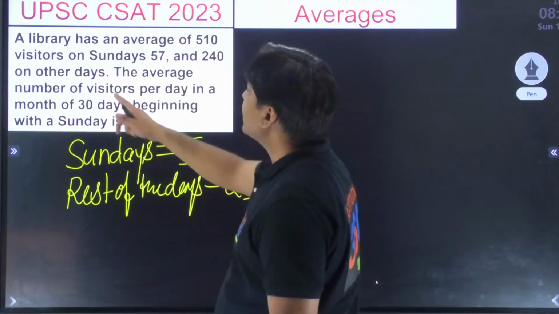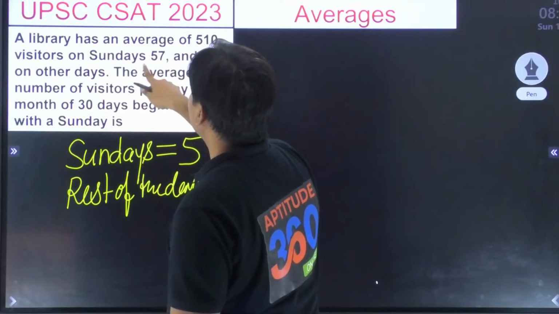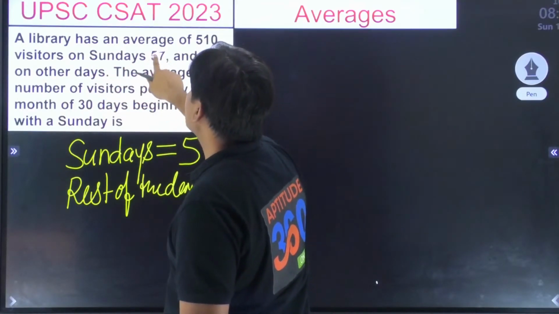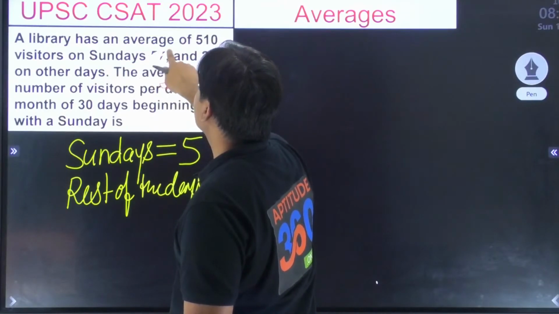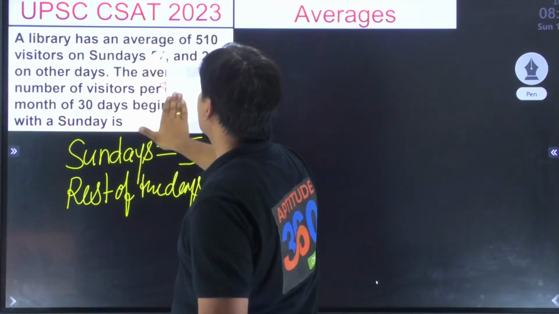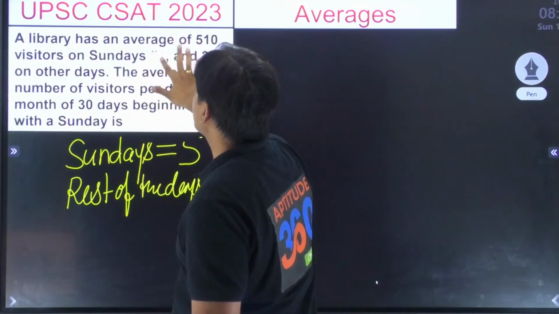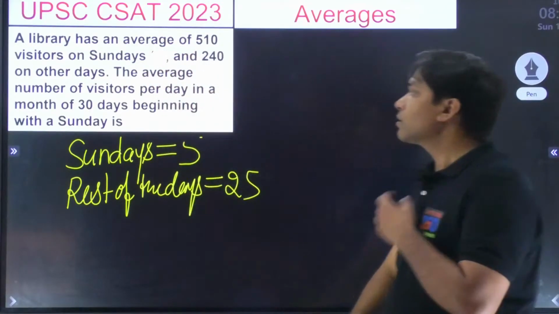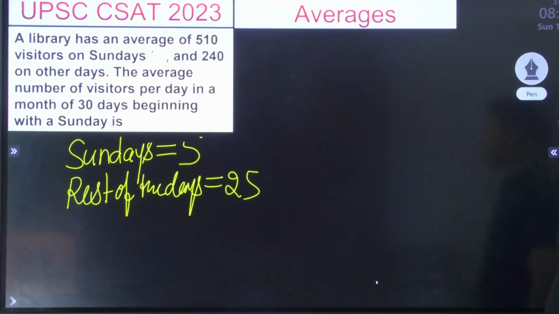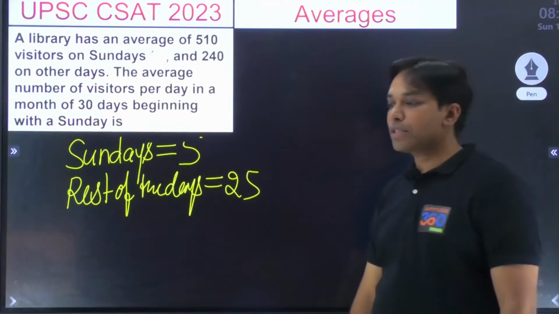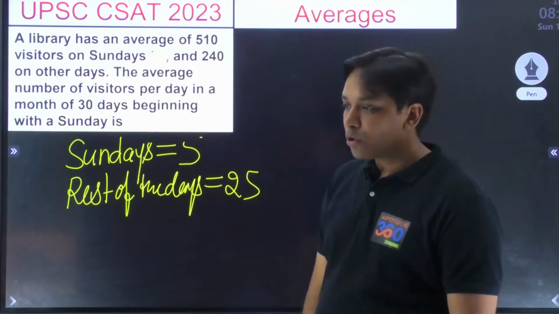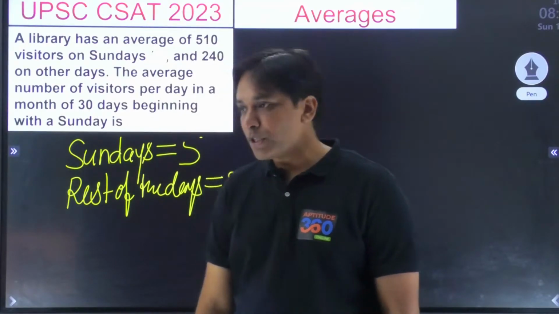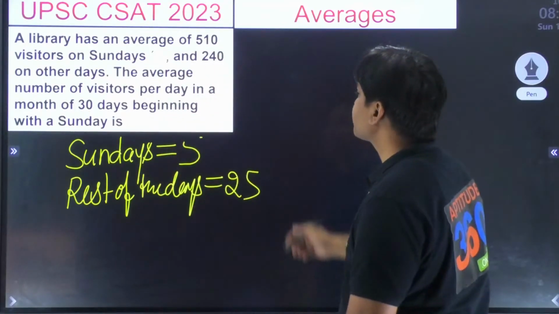No, what is this? Let me correct it. A library has an average of 500 visitors on Sundays. No, you should not read this line. Somebody made a mistake when copying the question. That 57 is nothing, yeah, this is a misprint. Rohan and Shivam, thank you so much. This is the right problem.